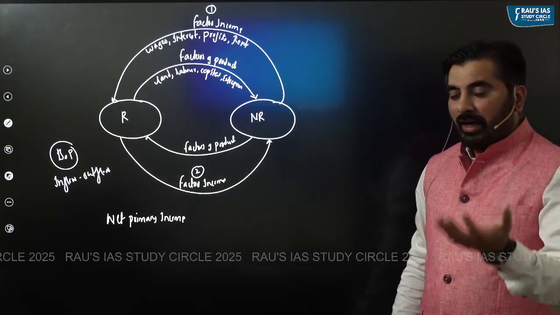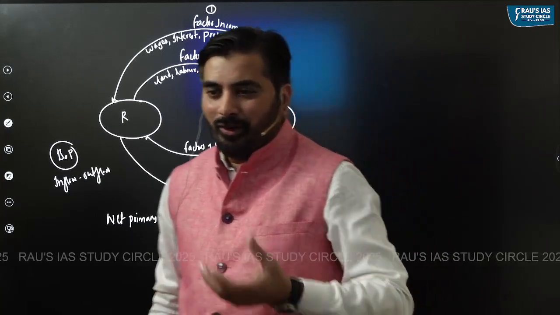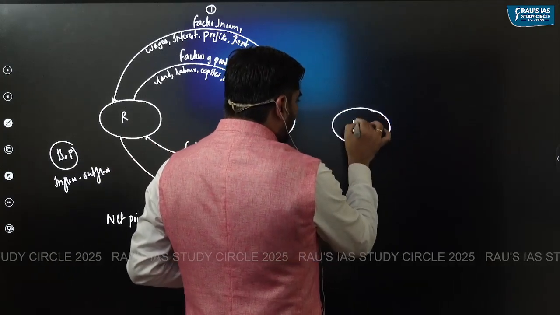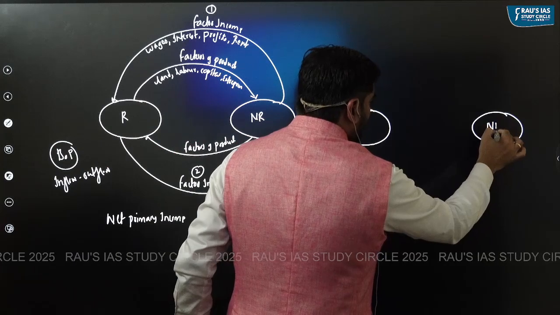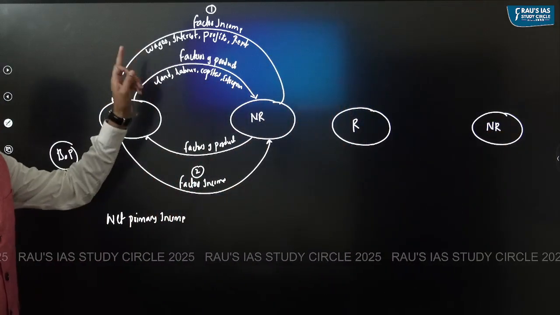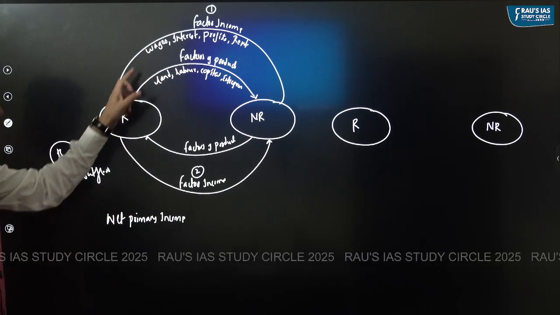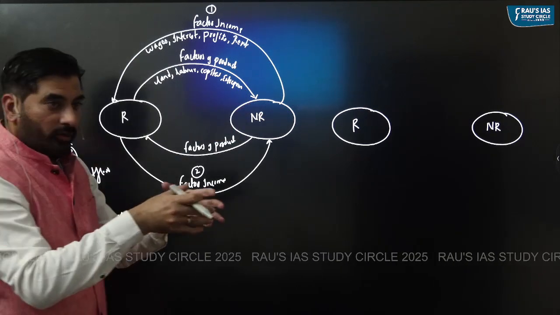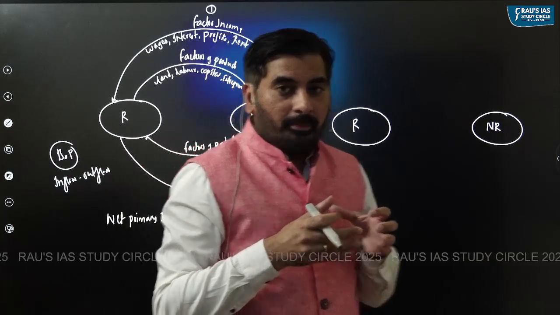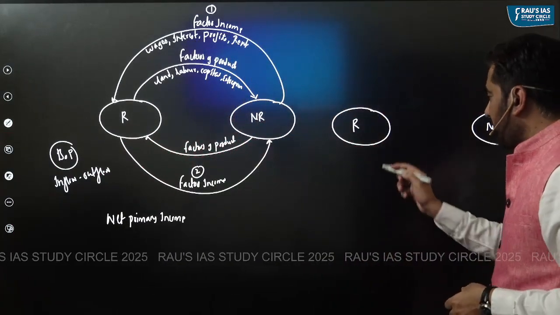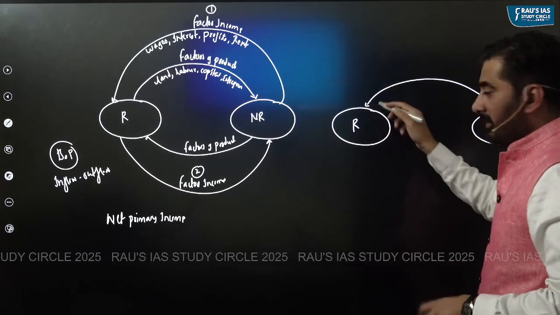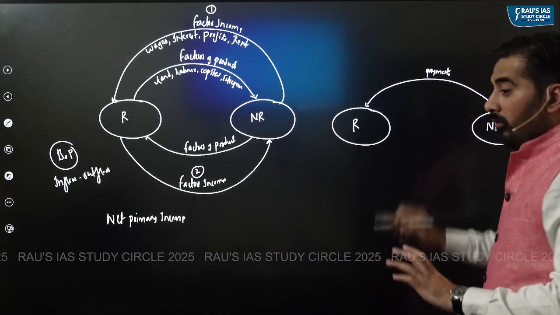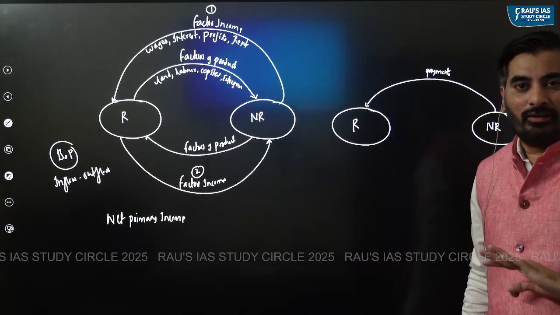Similar to that, we have another concept of secondary income. What is this secondary income? Now let's say you have residents and you have non-residents. Here, in case of factor income, residents are providing some factors of production. On providing factors of production, they are getting payment. But in case of secondary income, residents get some payment without providing for anything, without providing for factors of production.